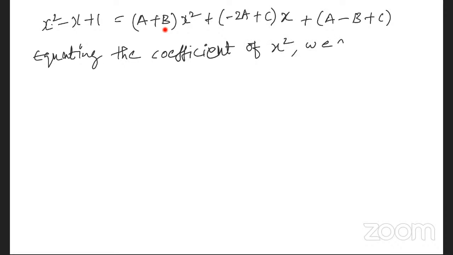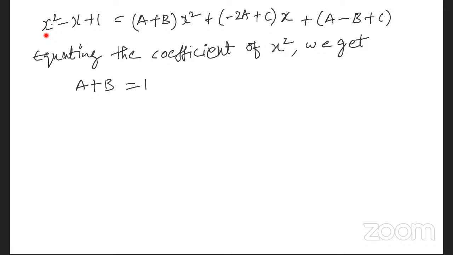What do we get? The coefficient of x square is a plus b, and here the coefficient of x square is 1. Equating the coefficient of x square on both sides, we get a plus b is equal to 1.